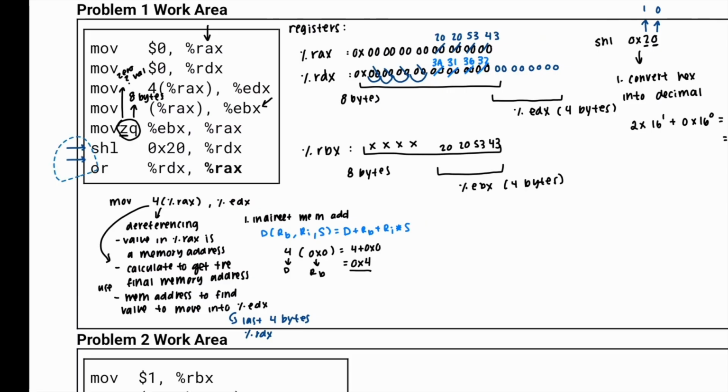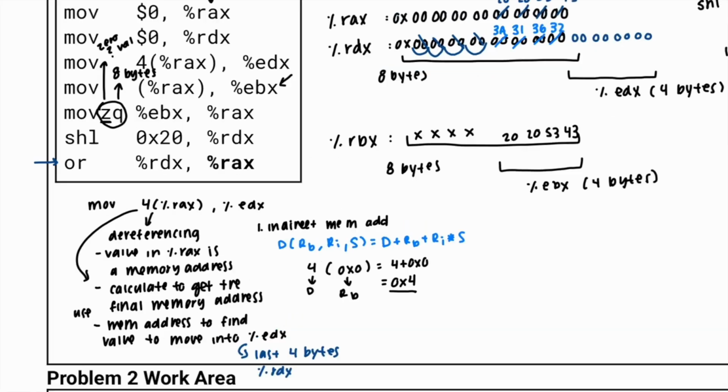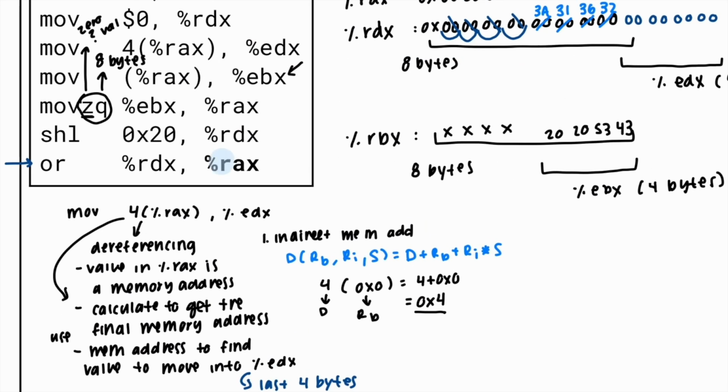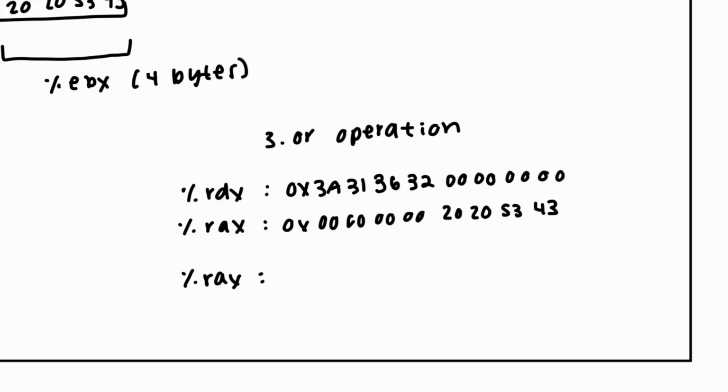In our final instruction, we will perform an OR operation with RDX and RAX, with RAX as our final destination. Okay, if we OR any number with 0, the final result will be that number.